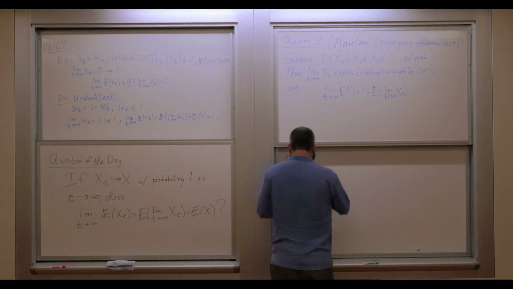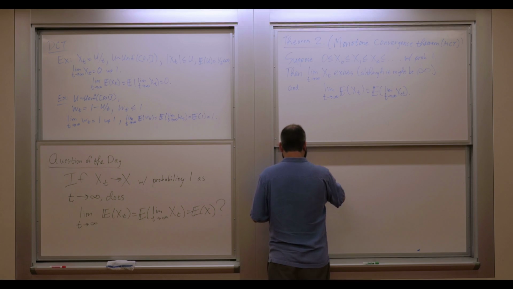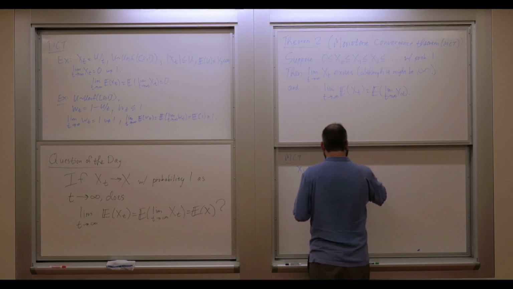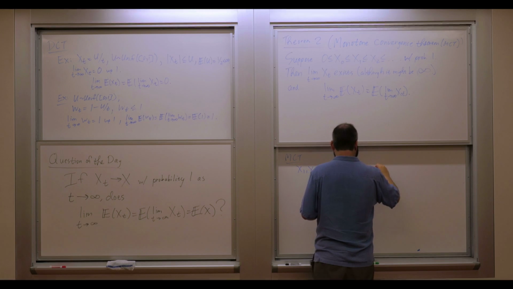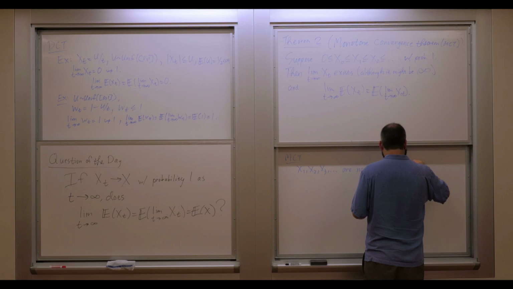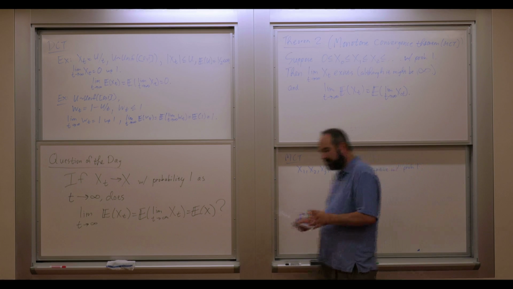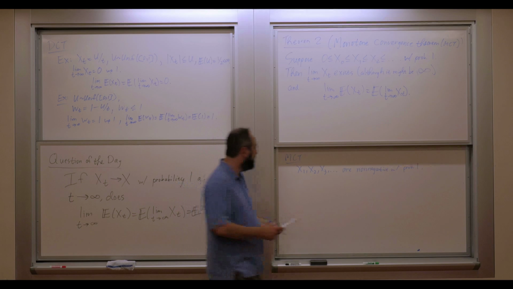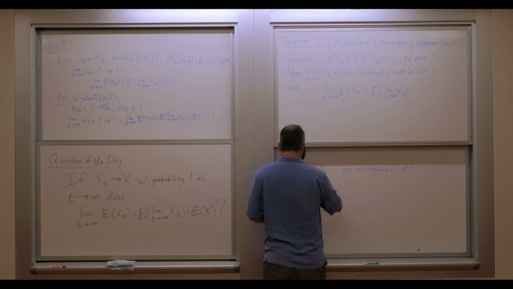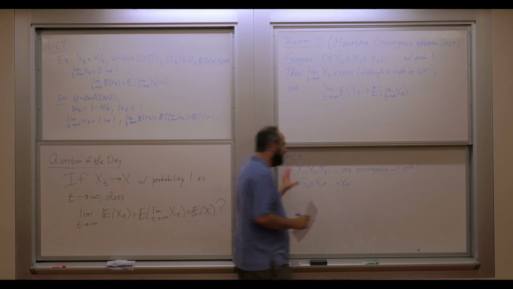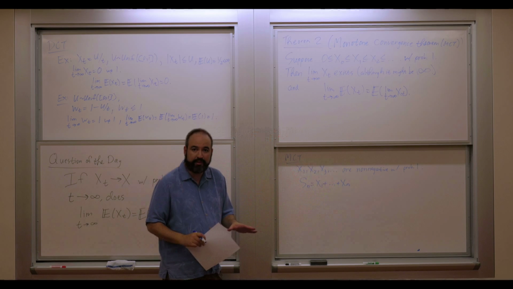So let's say that X1, X2, X3, etc. are all non-negative with probability 1. Now I'm going to form the partial sum random variables. I'm going to let S of n be the sum of the first n random variables.